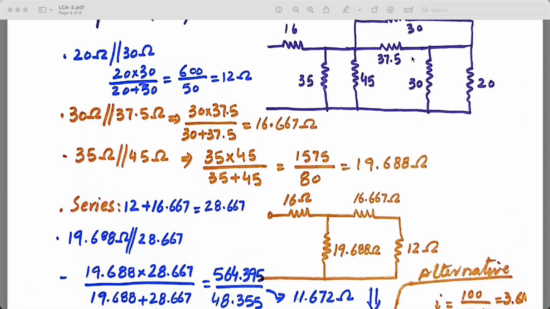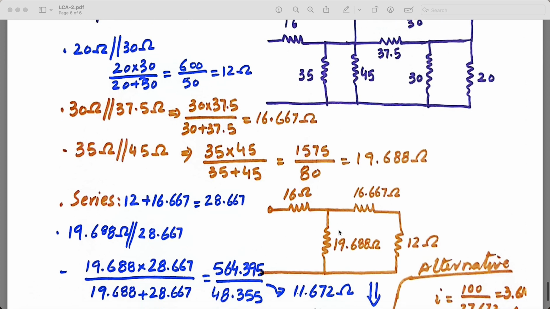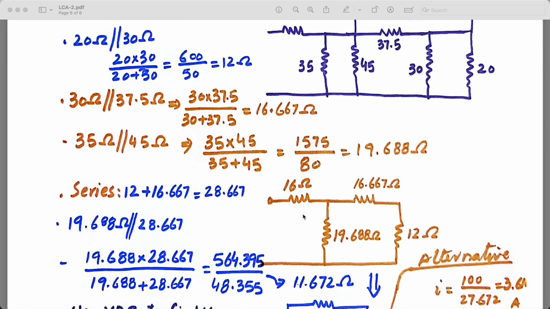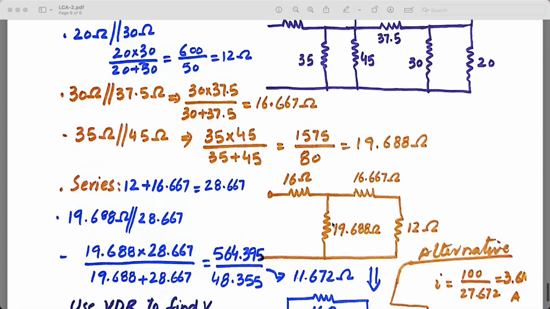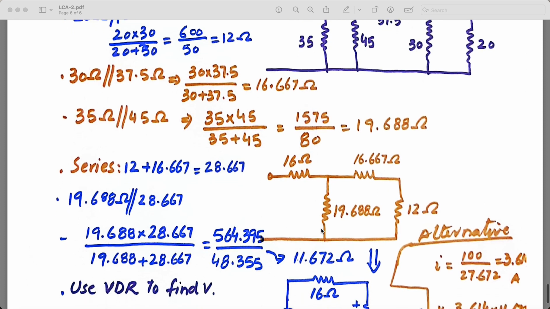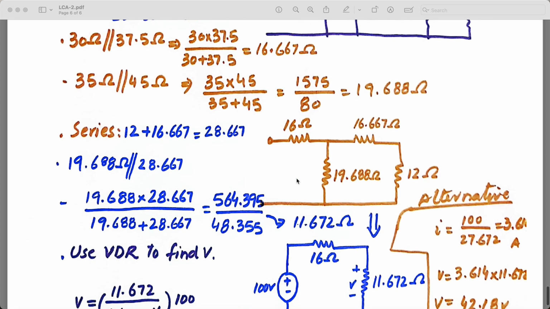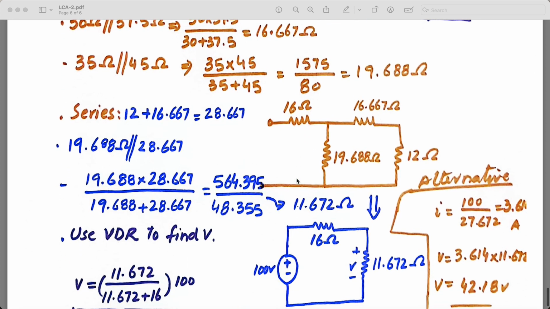You can redraw that circuit in this pattern, and then further solve that this series combination is in parallel with that one, and the answer of that is in series with this one. Now you can easily calculate the value of the equivalent resistance, which is 11.672 ohm.